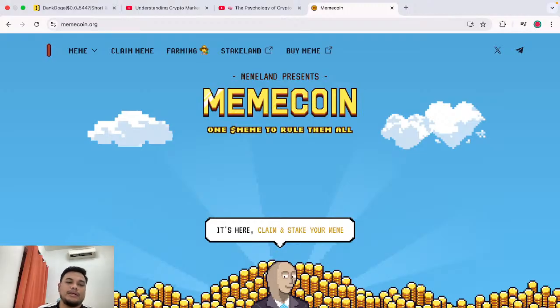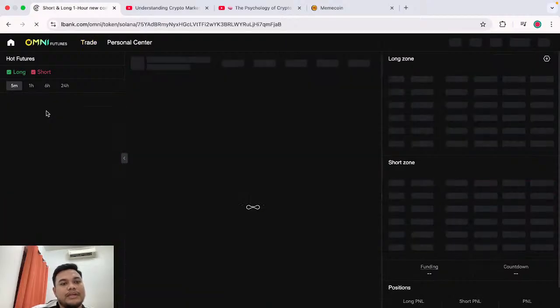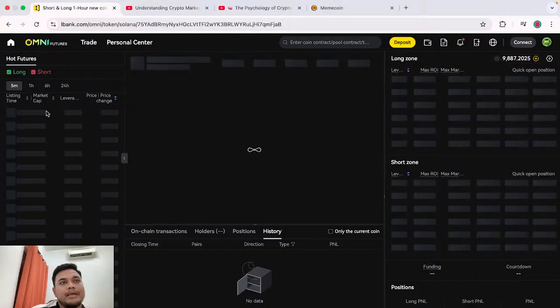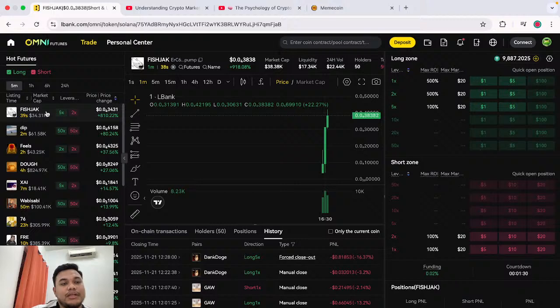There are some ways that I've been reading or have come to know to identify early hype before it explodes. For example, with any coin here, like Fish Jack, you can know if this coin is going to perform well or not before you start to trade it here in this Omni futures.